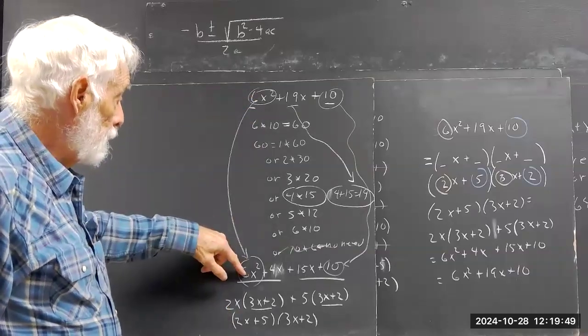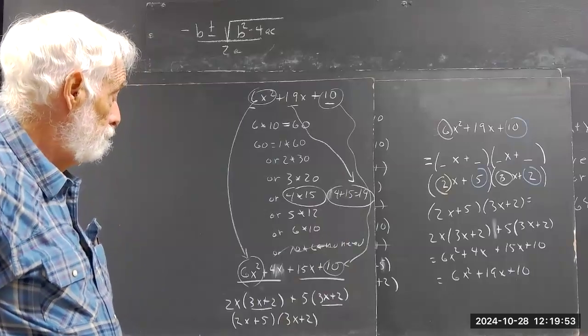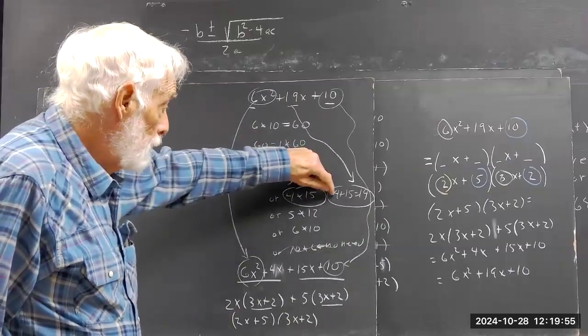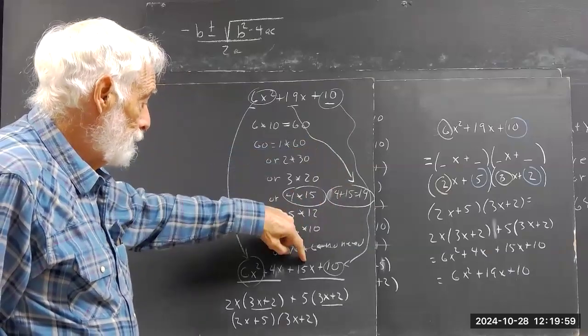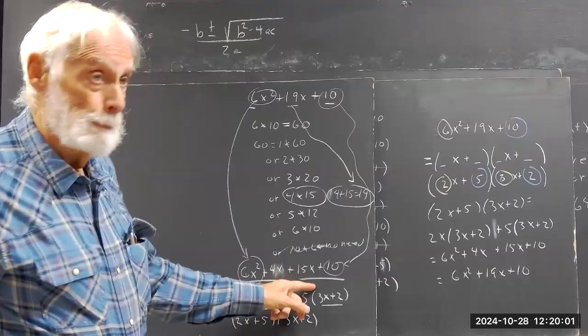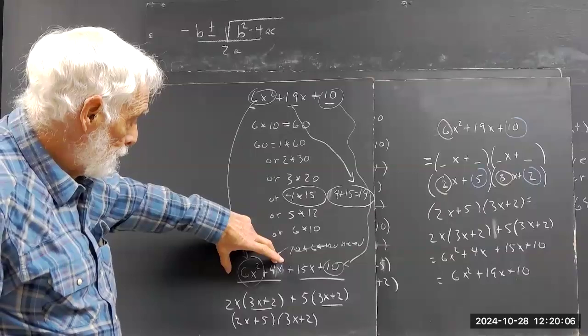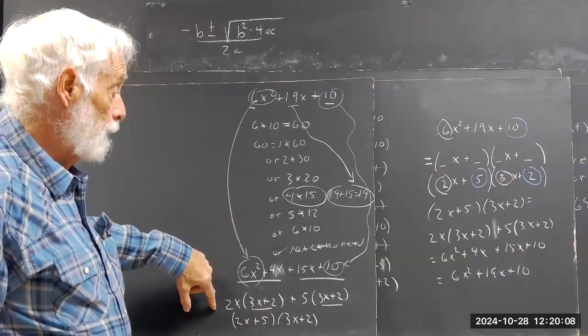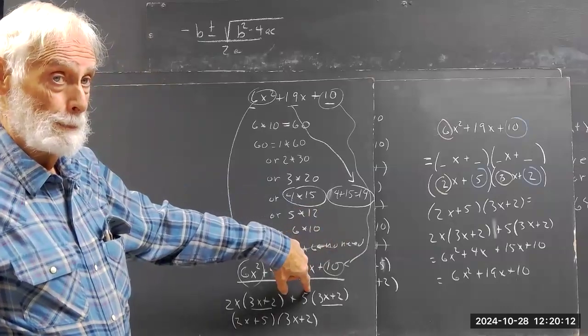Then you write this number here, and then put one of these numbers in front of x and the other number in front of x, but write them separately. And take these two and factor out whichever you can, if there's something you can factor out. And take these two and factor if possible.